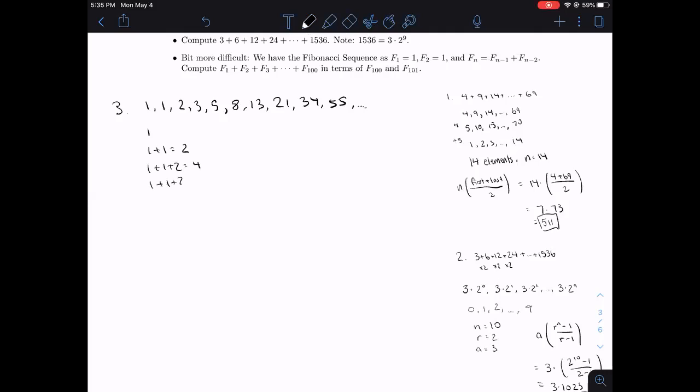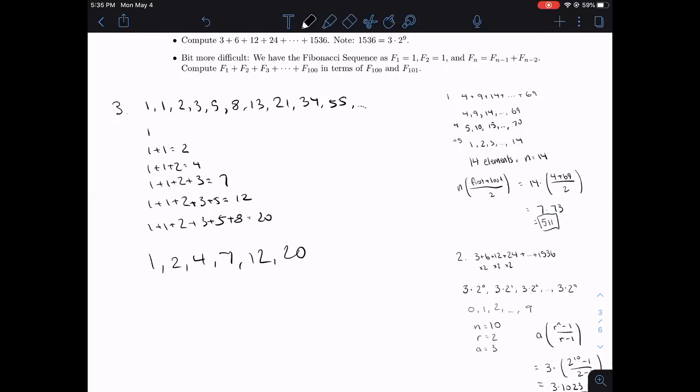1 plus 1 plus 2 plus 3 is 7. Then 12. And then 1 plus 1 plus 2 plus 3 plus 5 plus 8 is 20. So let's look at these numbers now: 1, 2, 4, 7, 12, 20.